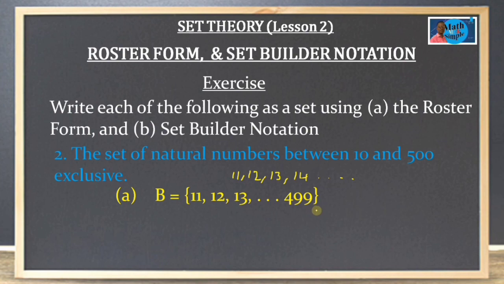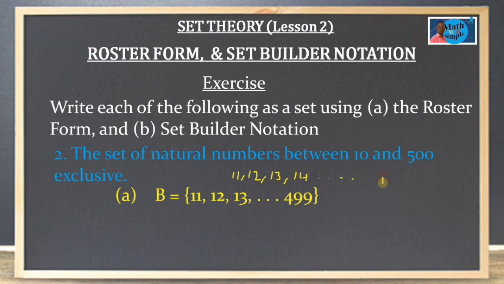All right, so in the set builder notation form, the variable will be x, and the condition is that x must be a natural number, and the limit will be 11 less than or equals to x less than or equals to 499. Or better still, you could also use the 10 and the 500.